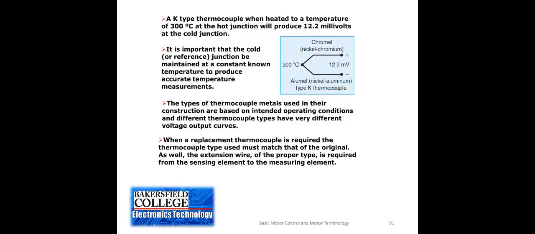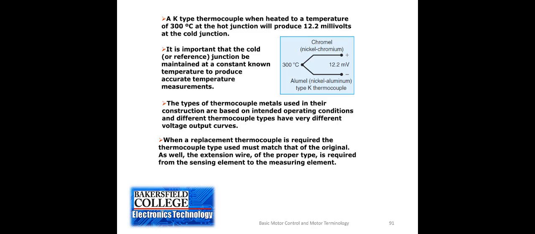Here's a bunch of information, and most of this is beyond the realm of this class. But just know that there are two different metals that are used in the two different wires that are bonded together in a thermocouple. They make a very small amount of voltage. There are different configurations.